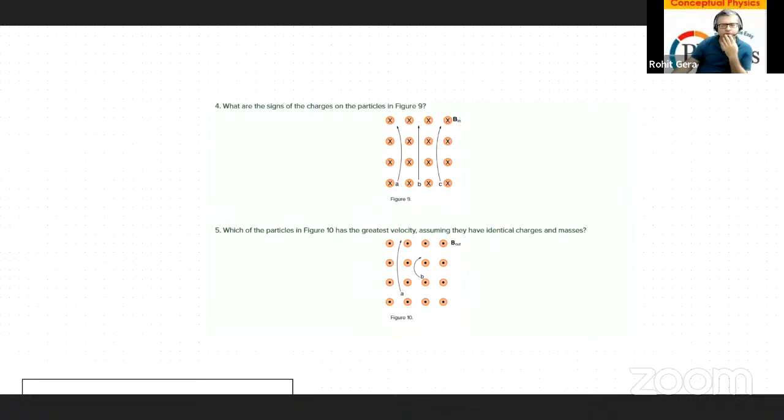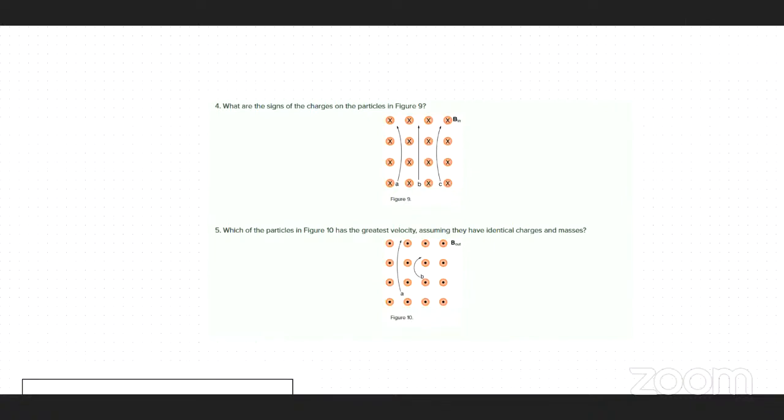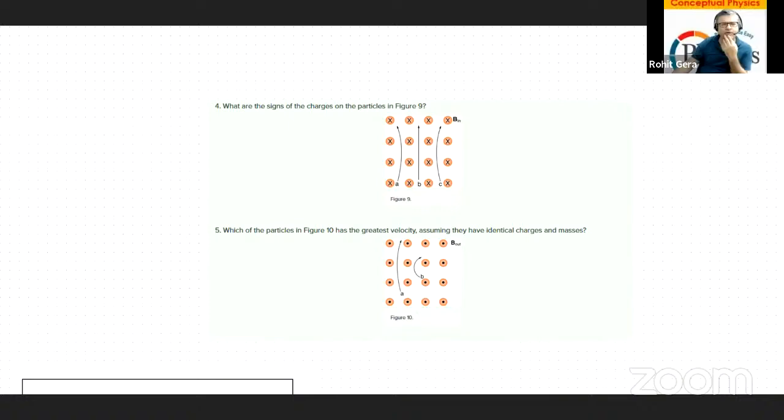So apply qvB thrice on three situations. Yes, sir. See where it is deflected from your vector product knowledge. Left, undeviated, right. These are the three directions you're getting.